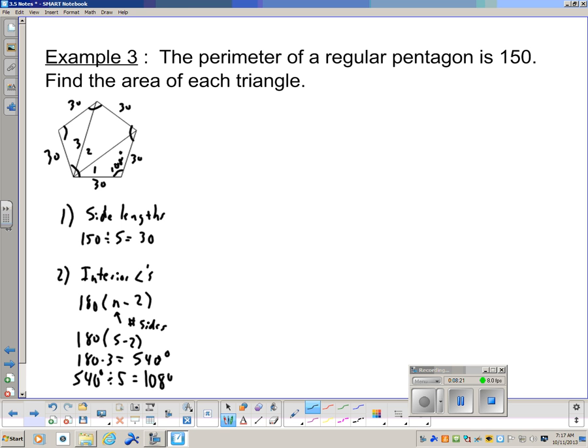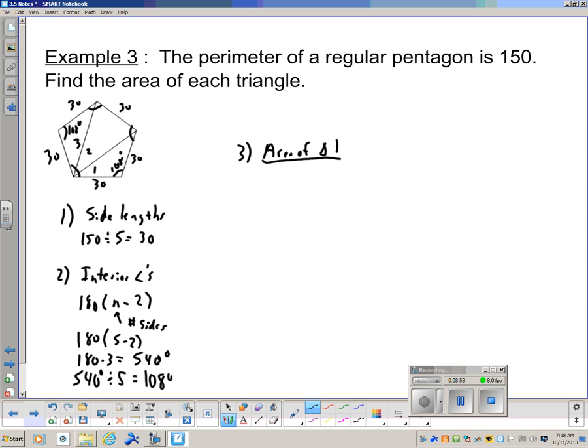So now that I know that's 108 degrees, let's keep moving on here. I'm going to go ahead and find the area of triangle 1, and this is 108 as well. Let's find the area of triangle 1 there, which also gives us the area of triangle 3.